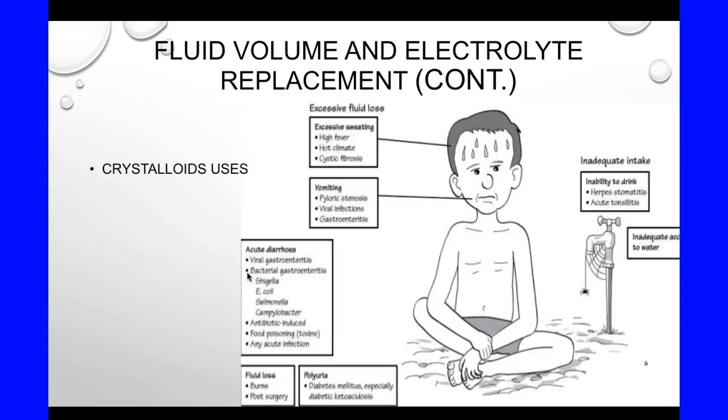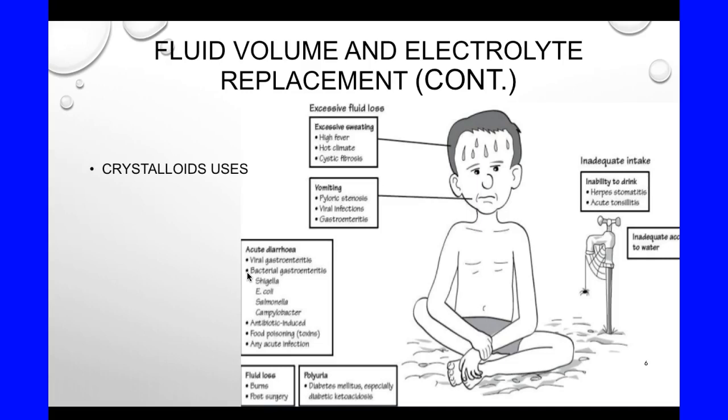How do we use these types of IV fluids? There's a method to how we pick IV fluids, as I mentioned before. Causes include excessive fluid loss, diarrhea, maybe you're not drinking enough, maybe you're peeing too much, you have diabetes, diabetic ketoacidosis, fluid loss, foot surgery, bacterial infection, all of those things.